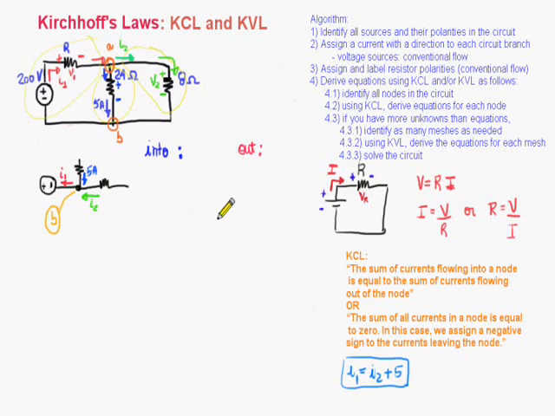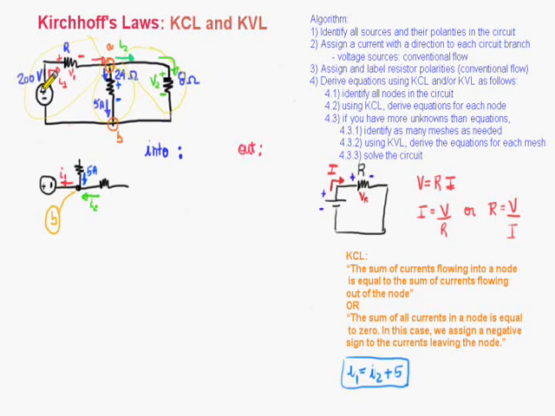So I cleaned the screen a little bit so we can work on node B now. And here is our node B, and I have the currents that are flowing into node B and out of node B. So if I look here, 5 amps is flowing into node B. The current I2 is flowing all the way into node B, and I have it right here.